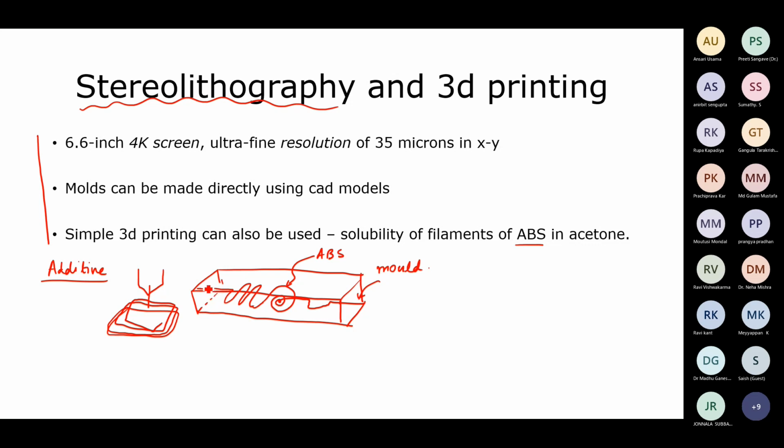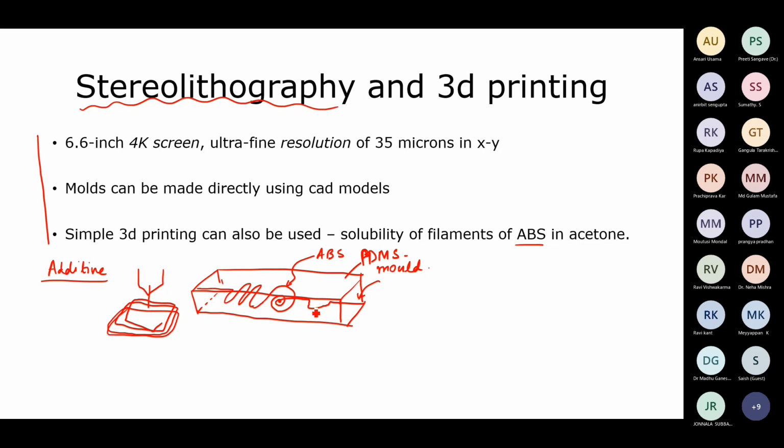So the acetone will eat away the ABS filament, but it will not eat away the PDMS polymer. So with the help of this, you will actually get the cavity which exactly resembles whatever the shape of the ABS was.